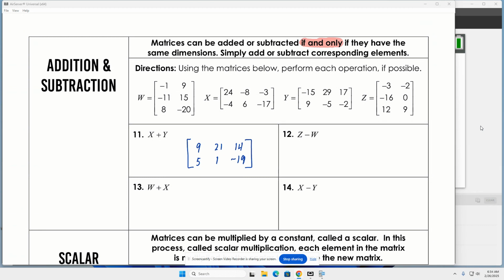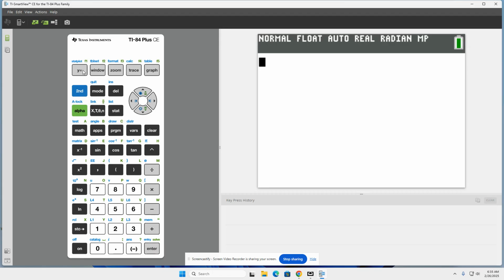So I do want to show you this one. I don't want to show you all of them because I just think it's too easy. So let's go to our calculator real quick. We're going to use it a little bit today, and we're going to do a little bit of adding and subtracting with matrices. So let's start with x plus y, okay?